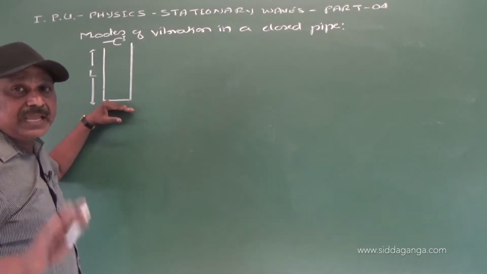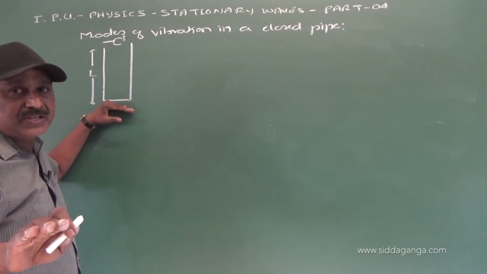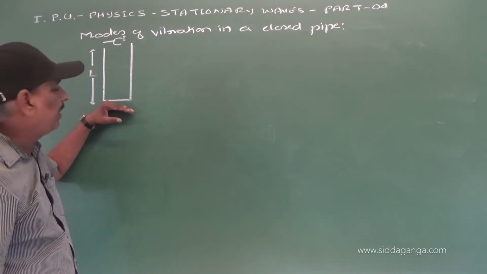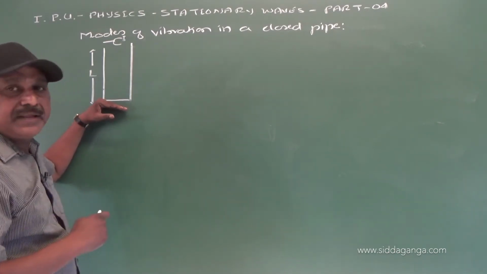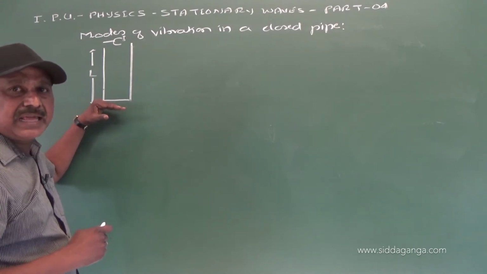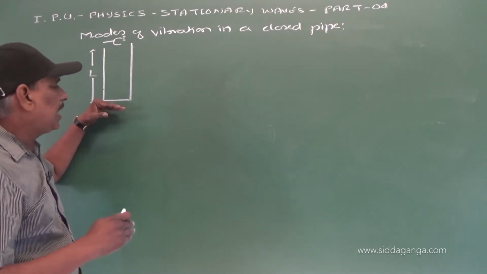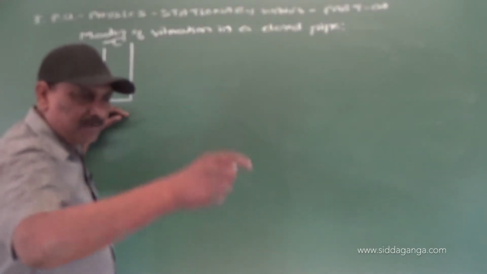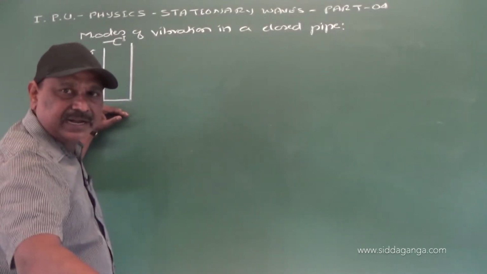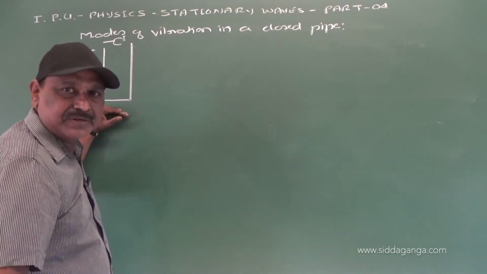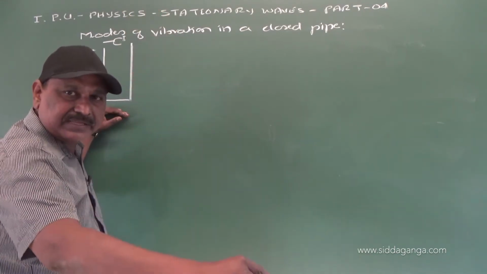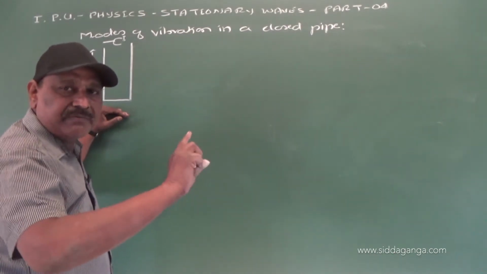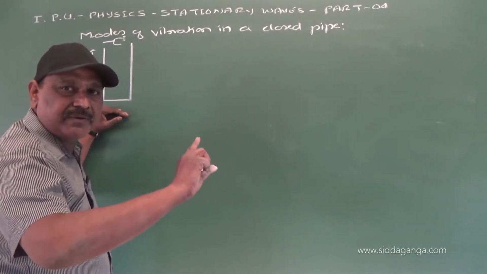One thing, in an open pipe, the reflection is due to the change in pressure, right? And here it is due to an obstacle in its path. Now, in case of an open pipe, when a compression is incident at the other end, it reflects as a compression. A rarefaction reflects as a rarefaction. There is no phase difference between the incident wave and reflected wave.